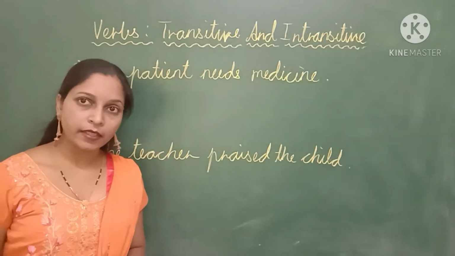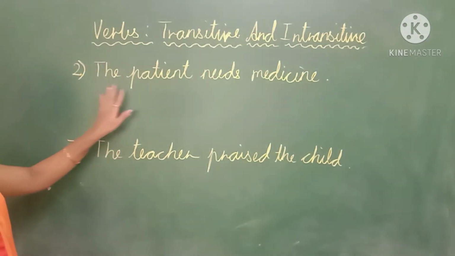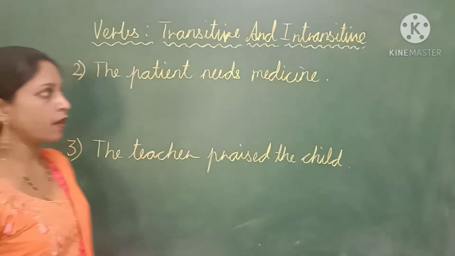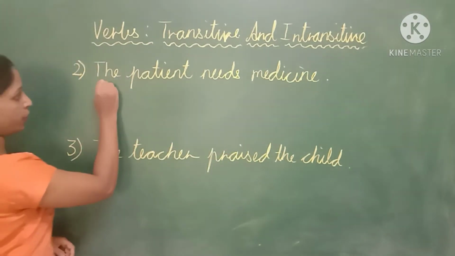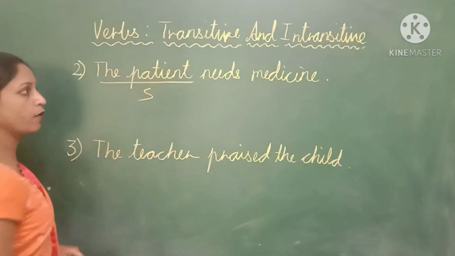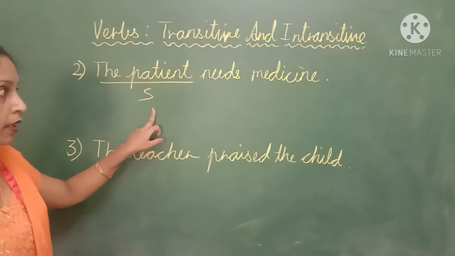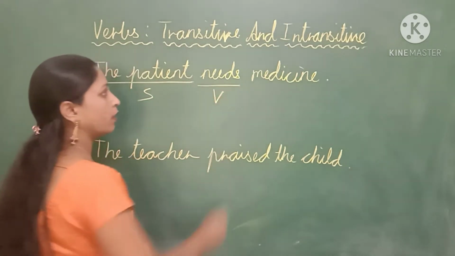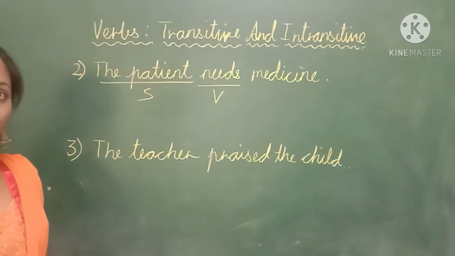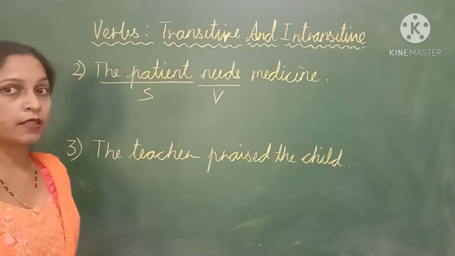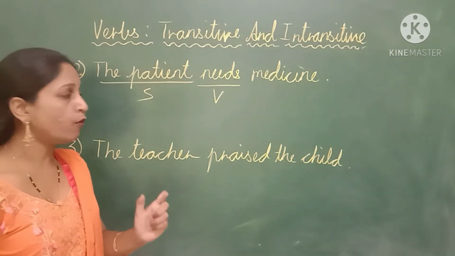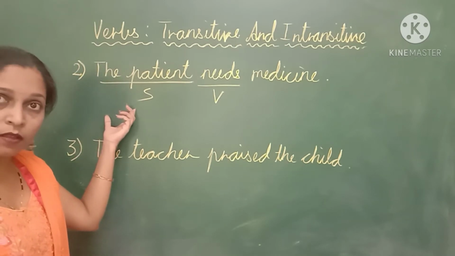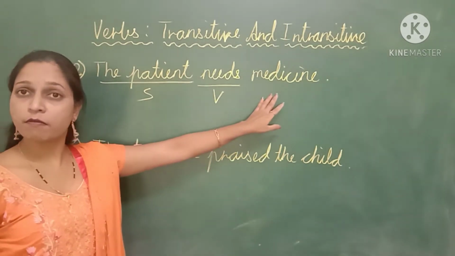Let us see the second example. The patient needs medicine. Which is the subject? The patient. We are talking about the patient. So patient is our subject. Needs is the verb. To find the object, what question will we ask? Yes, what or whom? Here we shall ask what. What did the patient want? The patient wanted medicine.